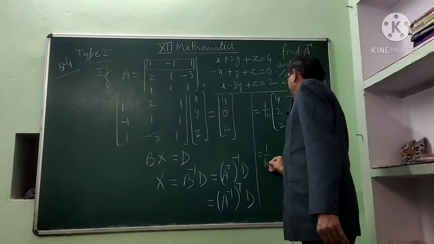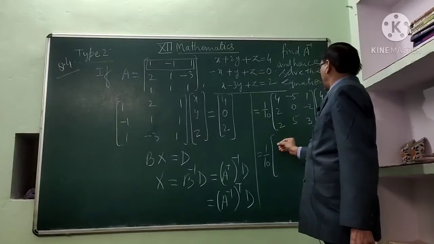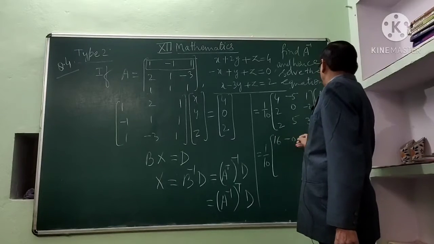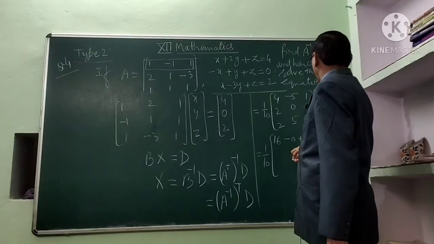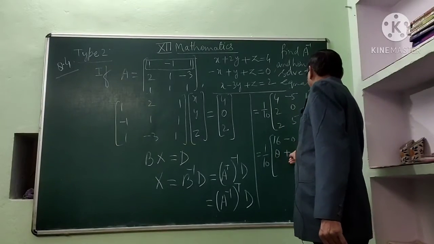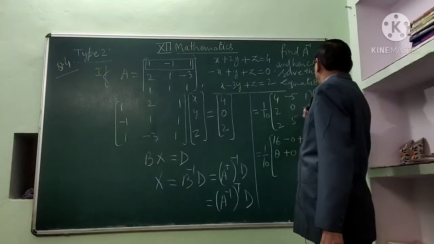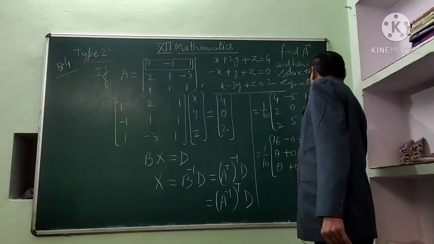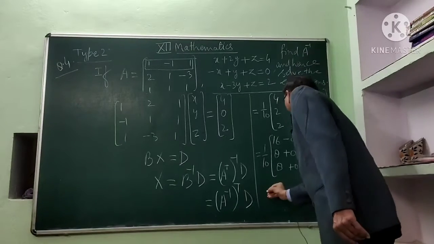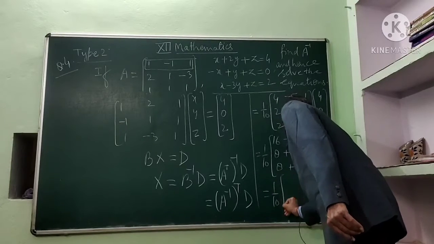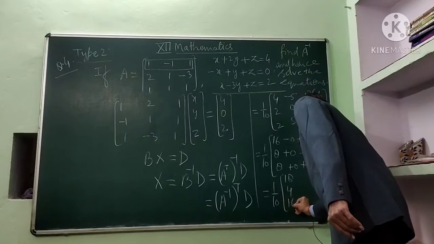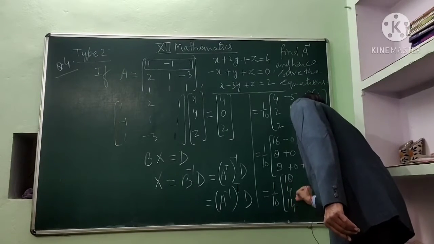It is 1 upon 10 of 16 minus 0 plus 2, then 8, 0, minus 4, then 8 plus 0 plus 6. So 1 upon 10 of 18, 4, 6, 14.